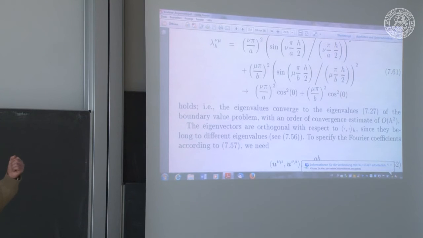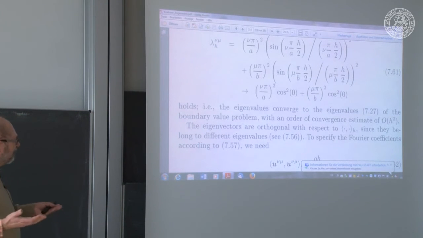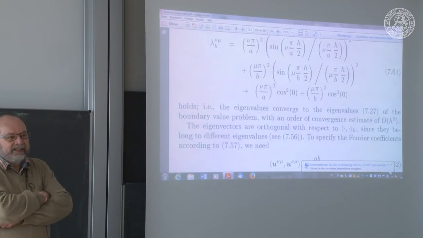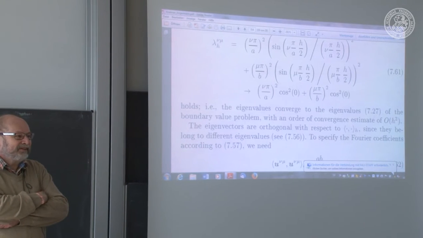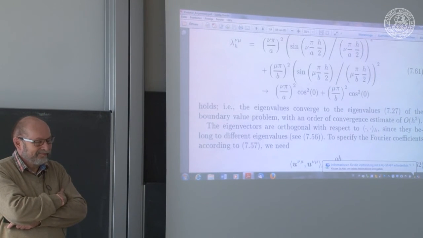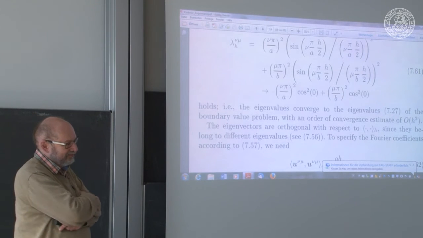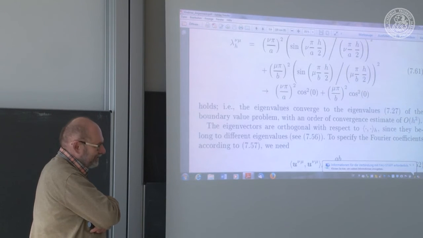This would be good because that is actually what we would see in the end. We do a spatial discretization of the order h square, and of course we would like to see that it's all preserved in the time-dependent situation. Why is this convergence of the order h square? Why is this of order h? Maybe we start with this. We get the finite difference quotient. This is not sufficient.